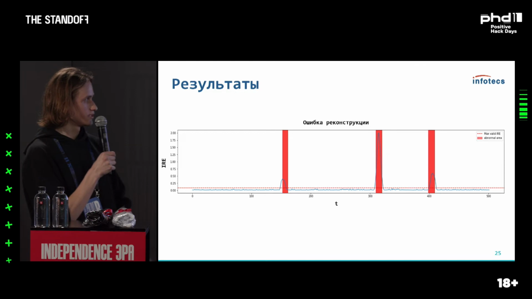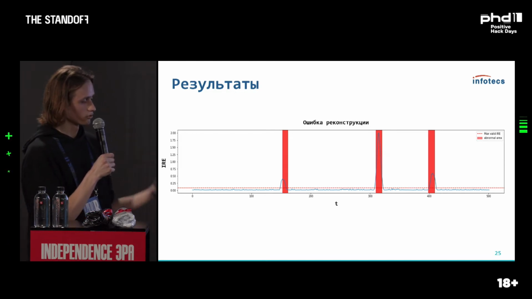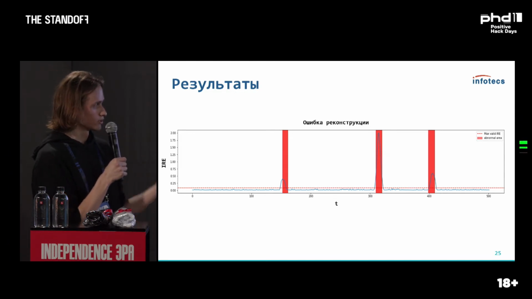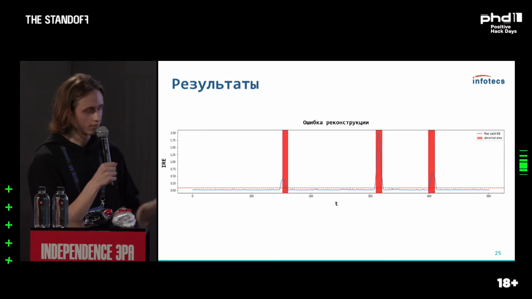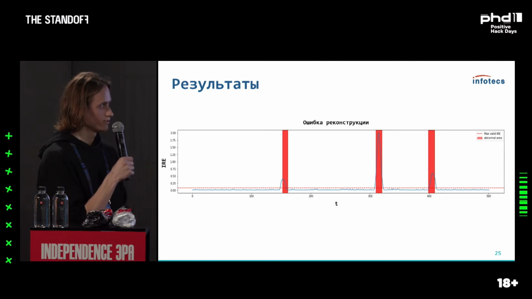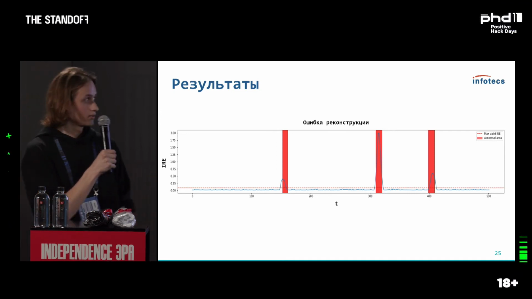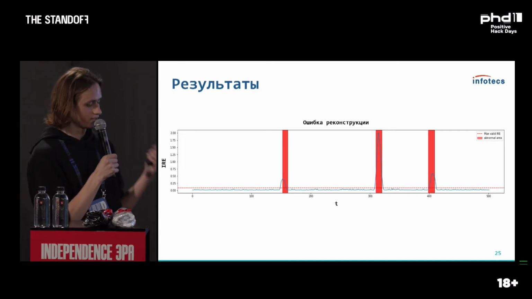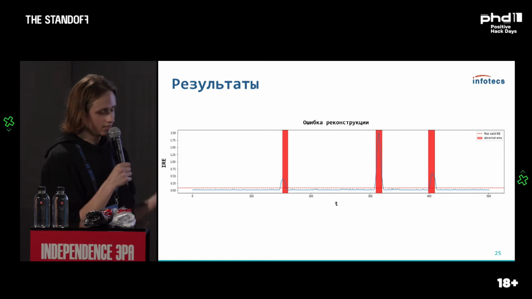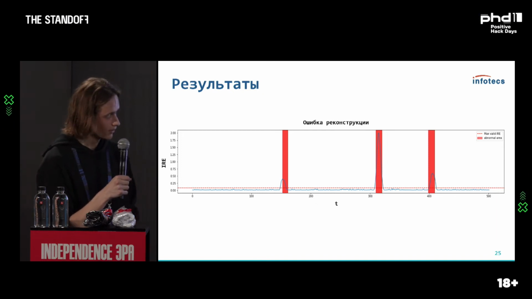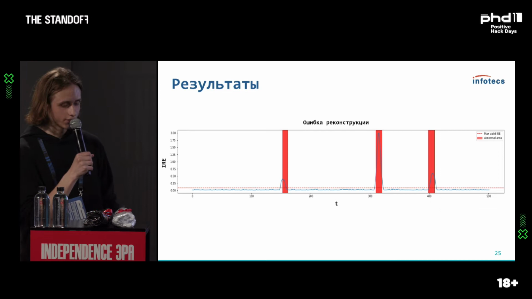Here we can see the errors. Everywhere we detected anomaly, the reconstruction error was abnormal, and we can see at which points in time anomalies would occur. Thus, we proved the efficiency of our model with the synthetic data.